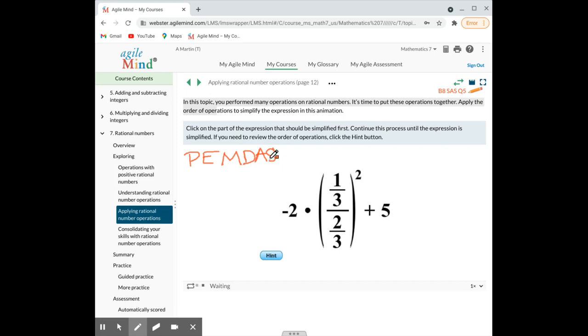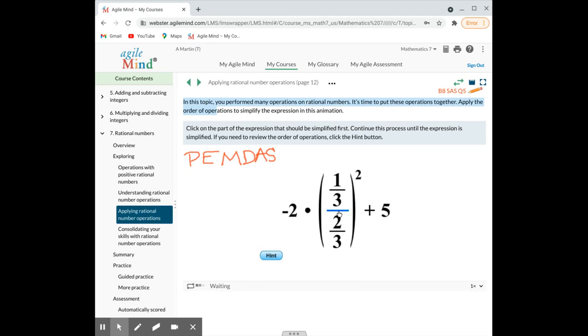The fractions in the parentheses. So it says to click on the part of the expression that should be simplified first. Y'all said the parentheses, so I'm going to click it. All right, so it already knocked it out for us. But if you didn't write it down, you don't know what just happened.